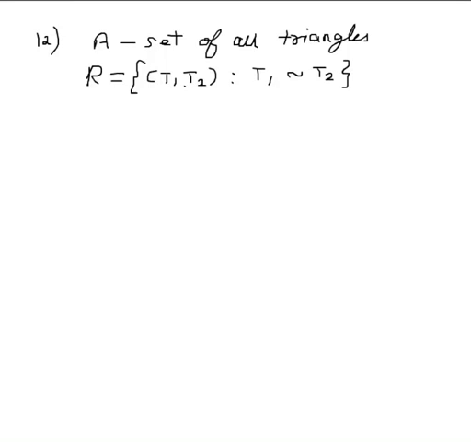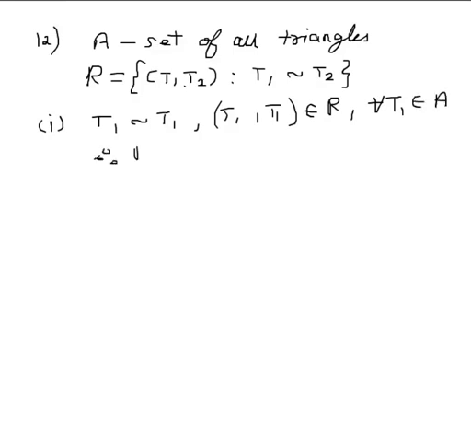Show that this is an equivalence relation. First, T1 is similar to T1. Any triangle will be similar to itself. Therefore, T1, T1 belongs to R, and it is true for any triangle taken from the set A. Therefore, R is reflexive.